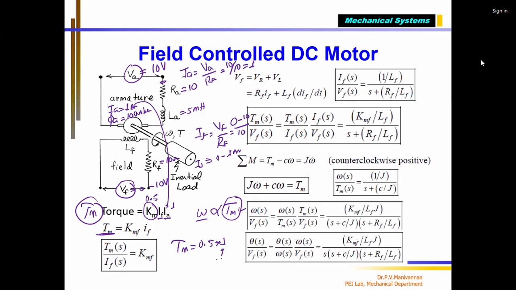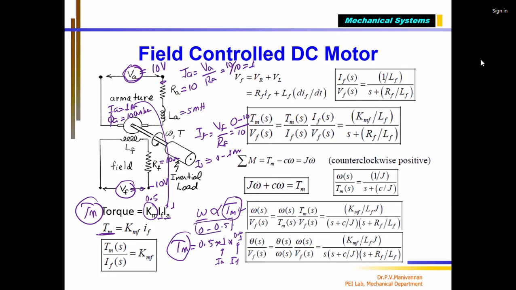This is nothing but the armature current, which is constant because I'm keeping the armature voltage constant. The only thing varying is IF, multiplied by it. IF is varied from 0 to 1. So in that case, you will see that TM will vary from 0 to 0.5.